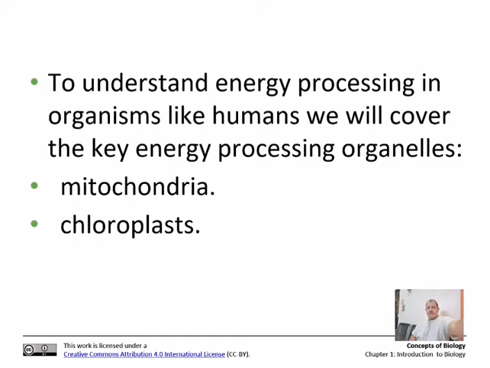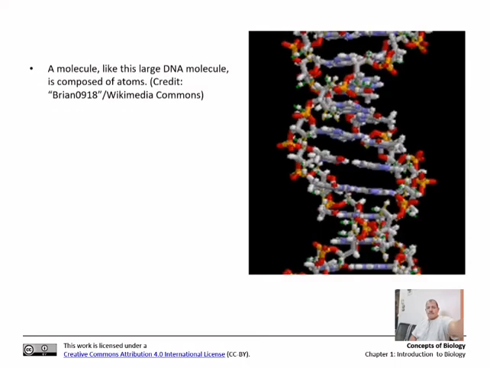But the chloroplasts are parts in plants that collect sunlight and convert water and carbon dioxide into sugar, which stores energy. A molecule like this large DNA molecule is composed of atoms.